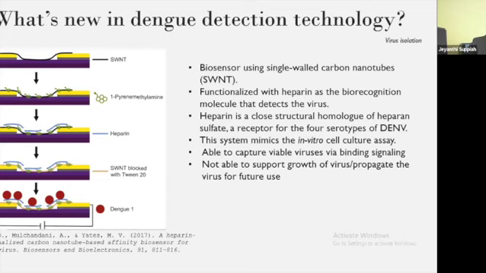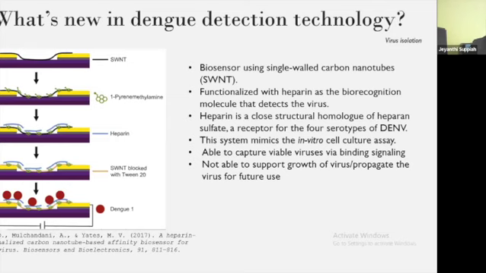The more virus binds to the heparin on the SWNT, the more signal it releases, and with that, they came up with a quantitative method for detecting viable dengue viruses in patient samples.